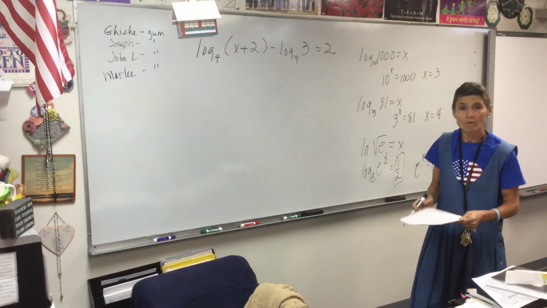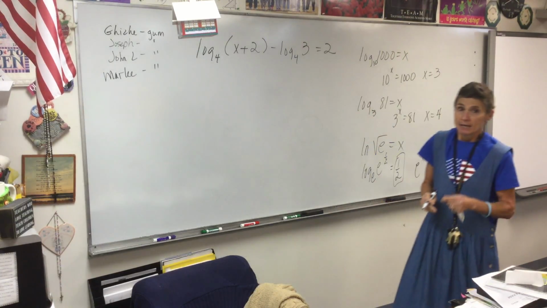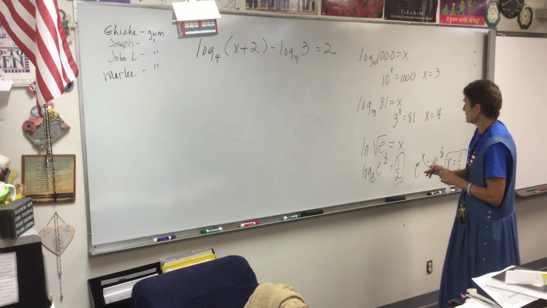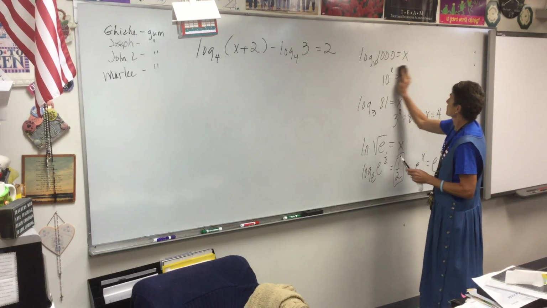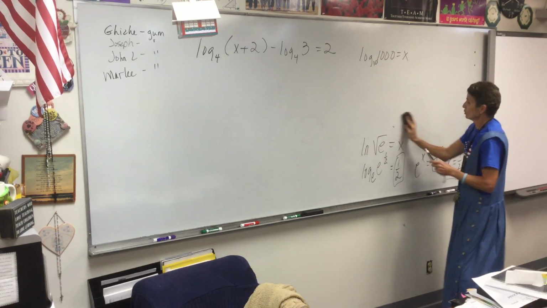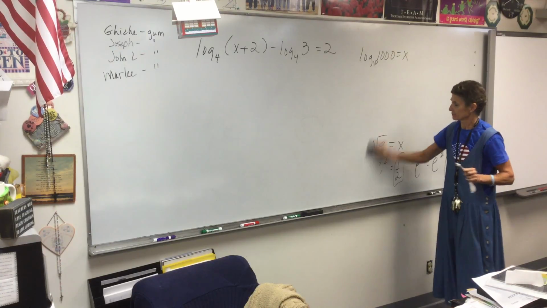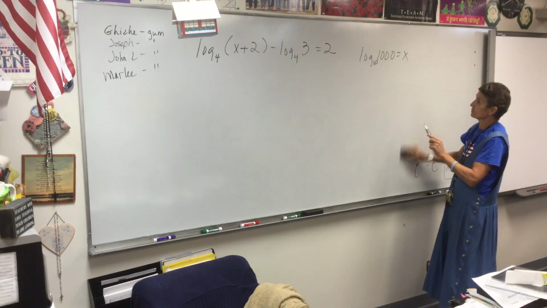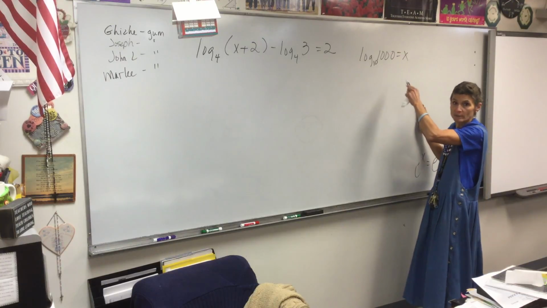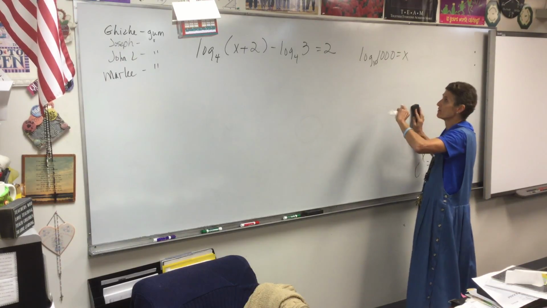Now we're going to solve this equation. When you had an equation that looked like this one right here, it's an equation with logarithms in it, just a simpler version than that one.